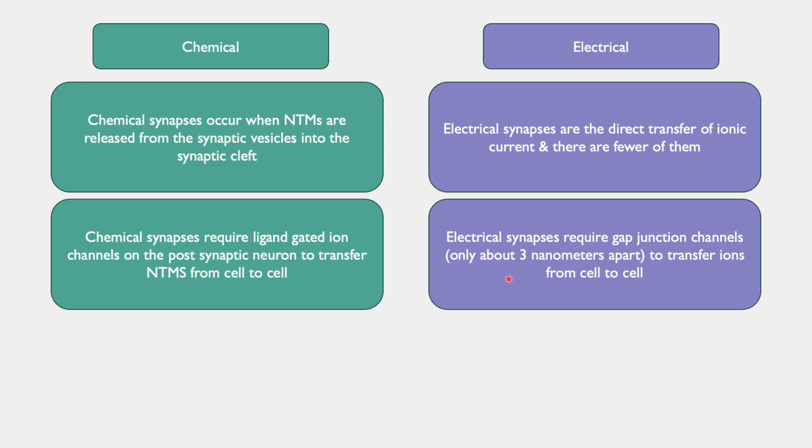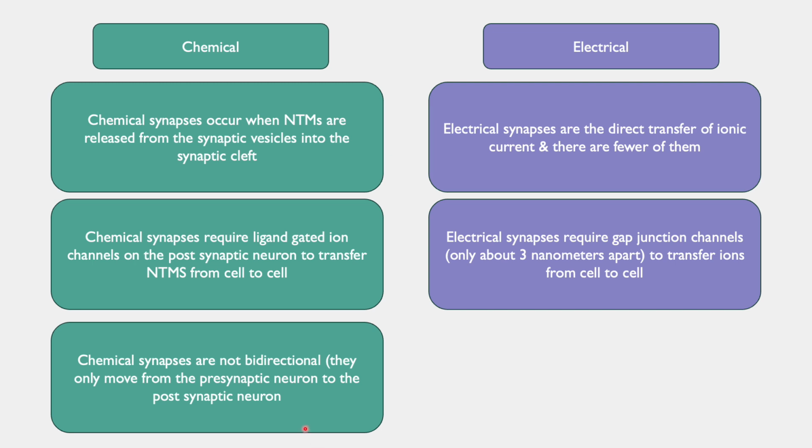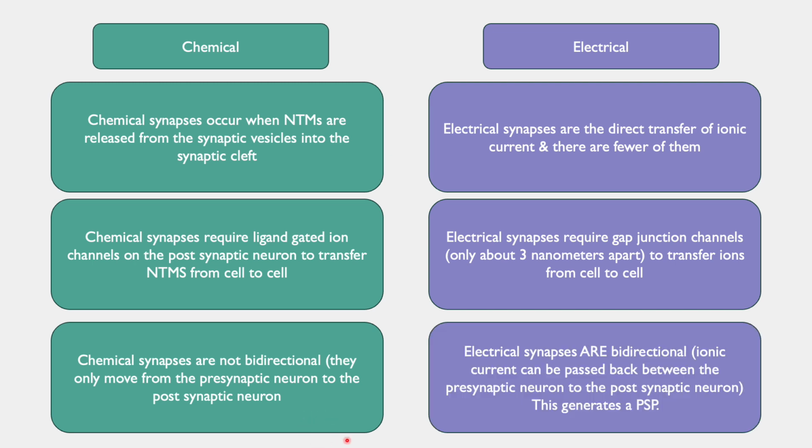Electrical synapses require gap junction channels. Remember, this is a very small space that allows ions to transfer from the cytoplasm of the presynaptic cell to the postsynaptic. And finally, chemical synapses are not bidirectional, whereas electrical synapses are. And this is due to the generation of postsynaptic potentials. And we're going to talk more about those postsynaptic potentials later on in today's lecture.